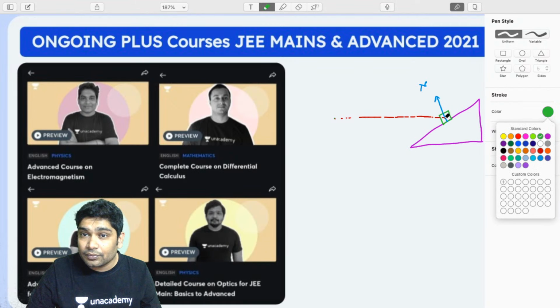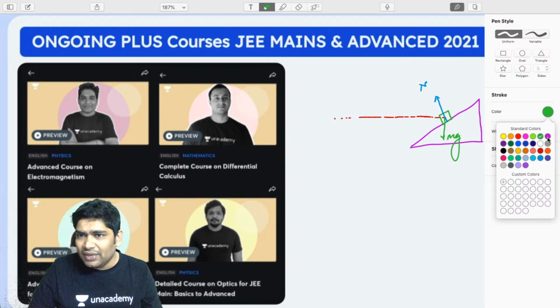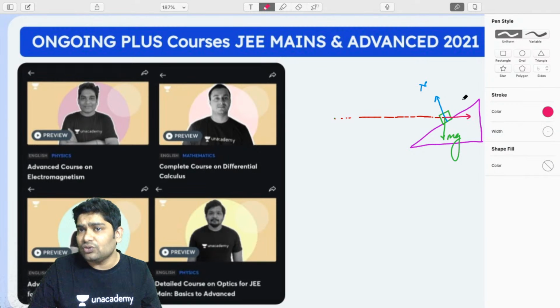Now if I go to the reference frame of this car, I'm making this FBD in the reference frame of the car only. So I will have yet another force, which I apply as the pseudo force, mv square by r.